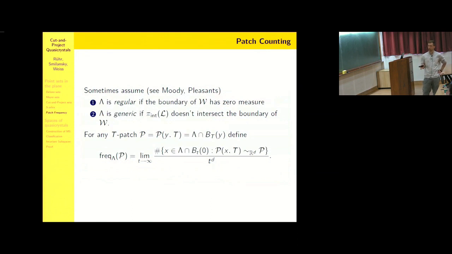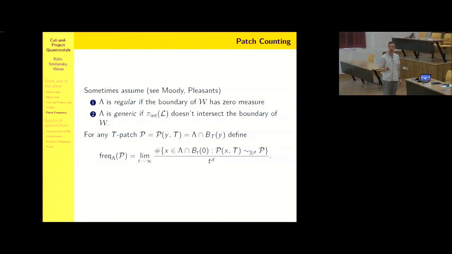So I want to return to the patch problem. The goal is to define some patch frequency. We fix some patch in the point set, and we take some fixed ball B_t centered at the point set. We ask, if we take some huge ball, so t goes large, how often do we see this particular patch P inside this ball?